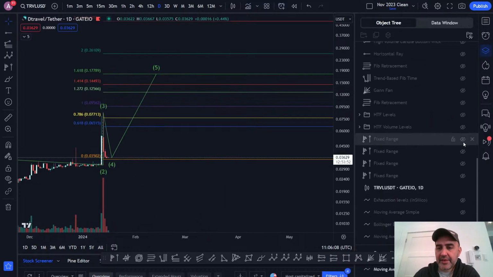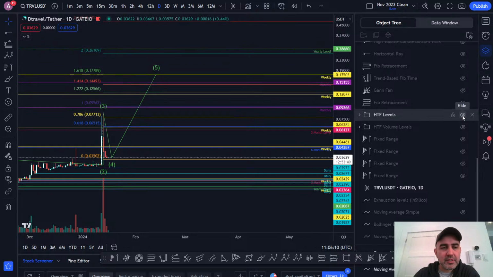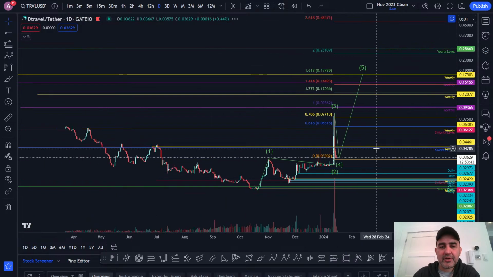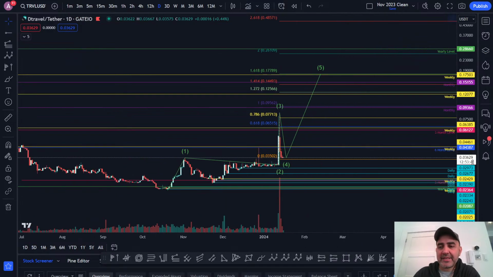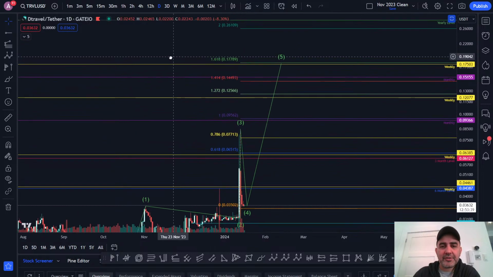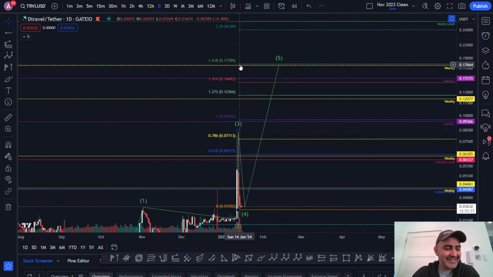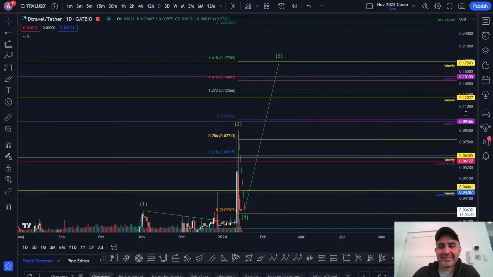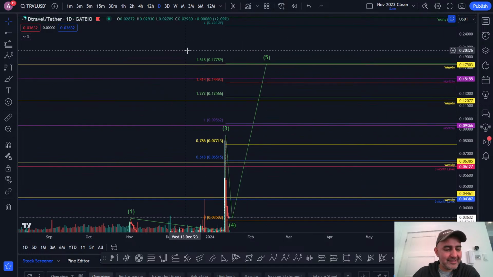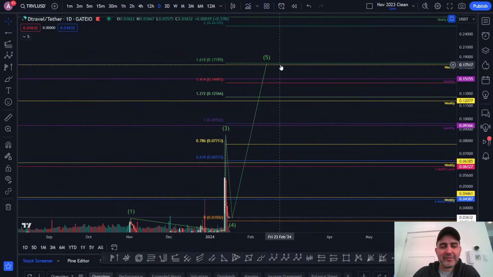And then the other thing you can do is look at the levels and see if there's any confluence. That's why I did the levels for us on that long stream. And hey presto, look what you have. You have a weekly level at the 1.618. You have a liquidity level at that level.